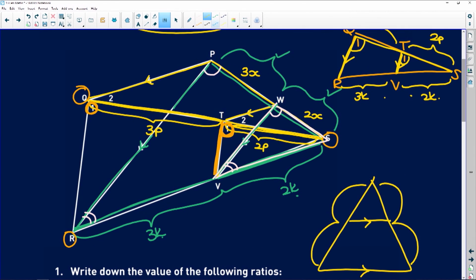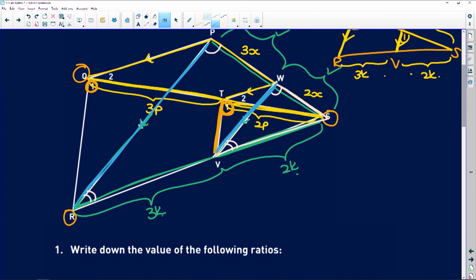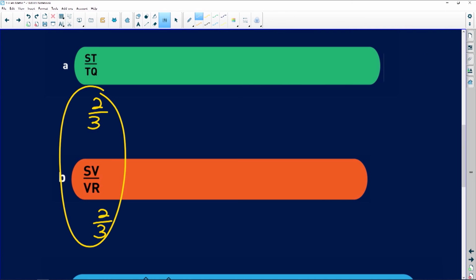WV, okay, I'm going to use blue and hopefully it doesn't make a mess. WV to PR. Okay, so remember, we've established, let me get rid of this diagram. We've established in our previous question that over here we've got PRS as the big triangle.